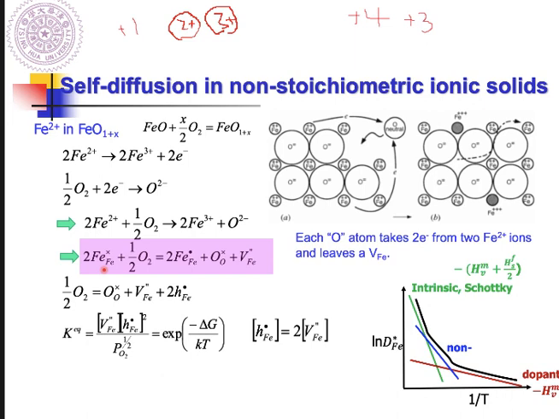So what you have here is the oxygen before the non-stoichiometry effect happens. After this effect happens, we have oxygen at the oxygen side, a vacancy at the iron side, and also two holes at the iron side.